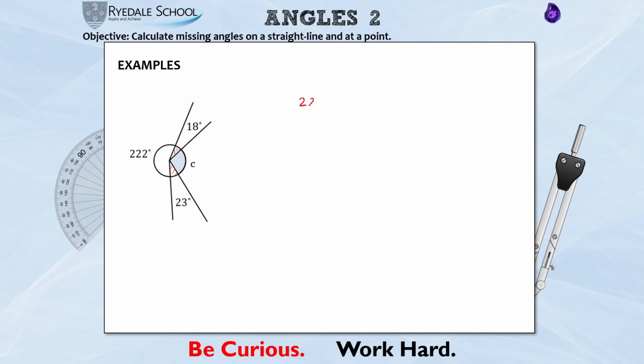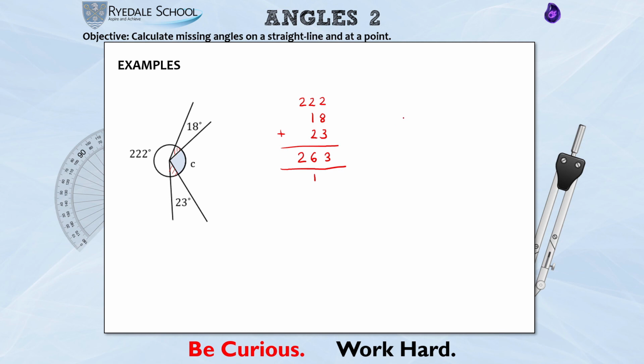So again, I'm going to use a written method for that. Make sure you line up your numbers in the right columns. I know that 2 add 8 is 10, add 3 more is 13, so I'm carrying 1. 2 and 2 is 4, add 1 is 5, add the extra 1 is 6, and there is only a 2 in the hundreds column.